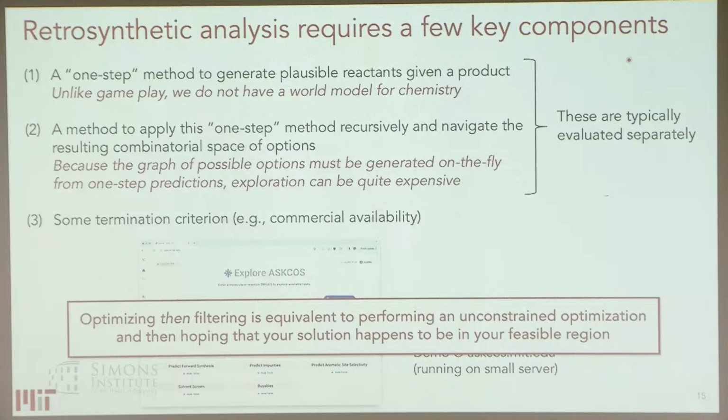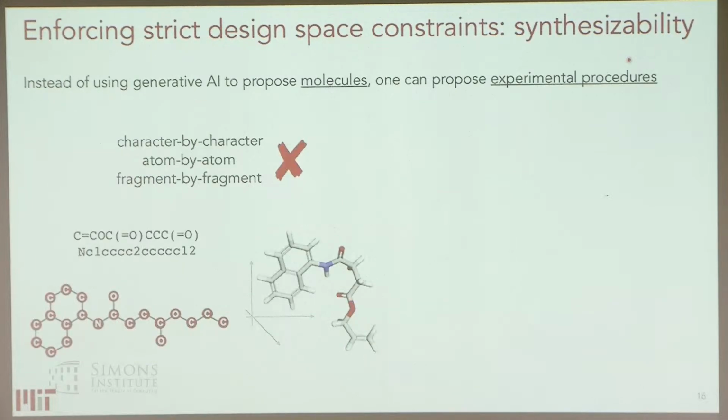And the subset that is easily synthetically accessible is a small subset. It's a sparse subset. And so we often will arrive at solutions that are filtered out when we apply this in practice. And so if we truly want a constrained optimization, I would argue that we should be doing a constrained optimization from the beginning.